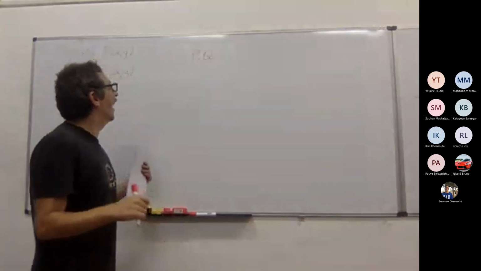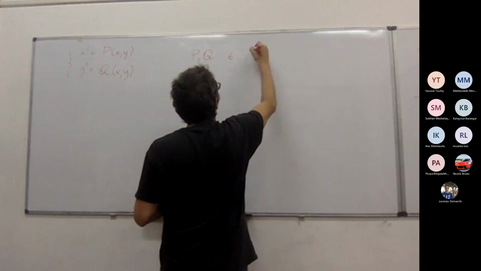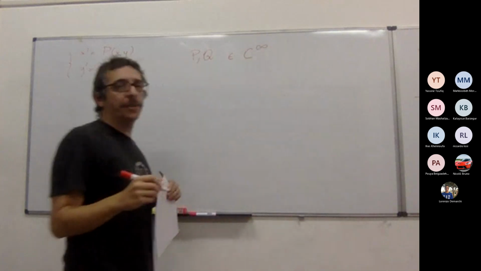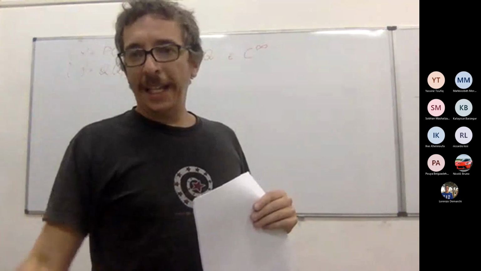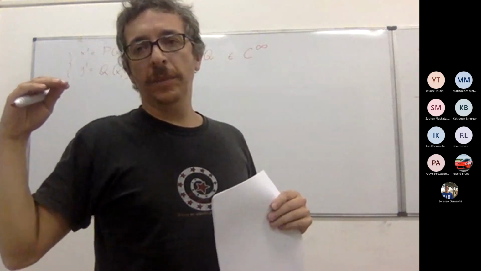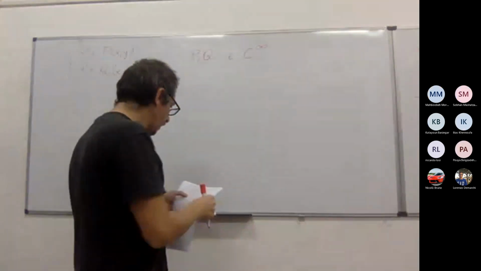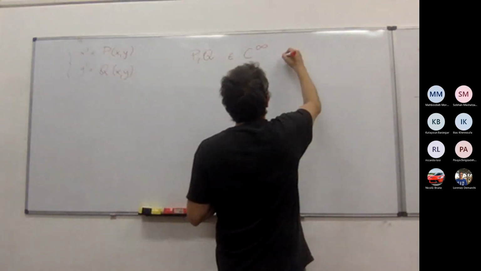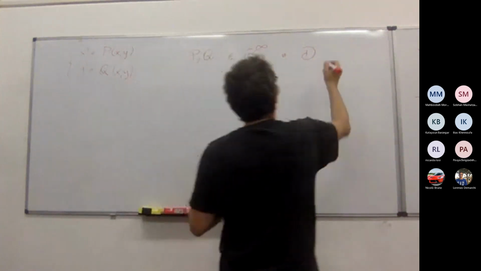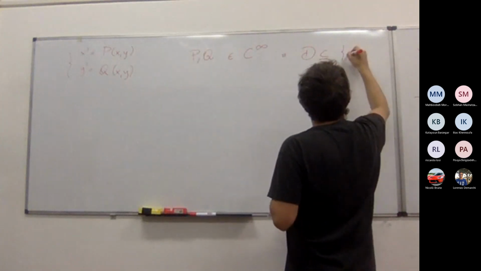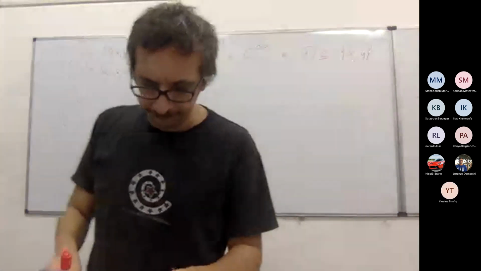This means that I'm taking P and Q to be functions which are continuous and which have partial derivatives that are continuous at any order, in some domain that I will call capital D, which is a domain contained in the plane x, y.